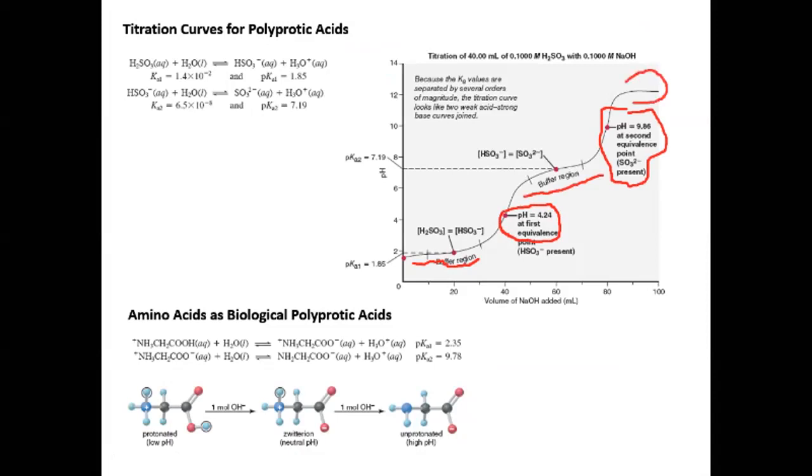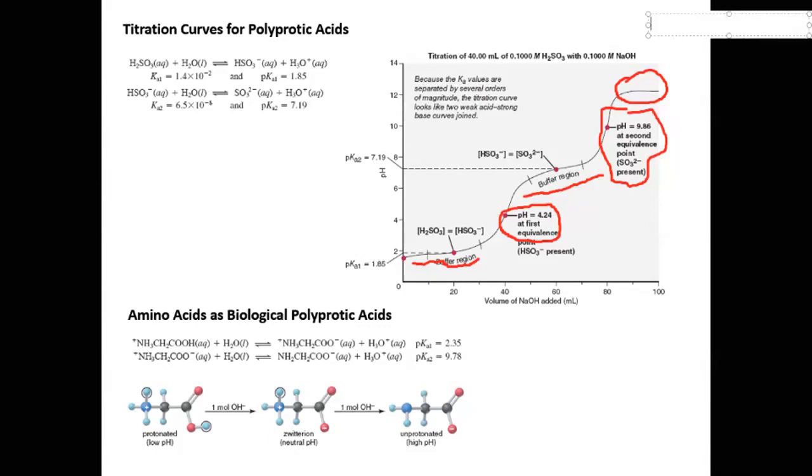But above this, you have an excess of OH minus. So only when you're above the second equivalence point would you have an excess of OH minus. Now at the second equivalence point, since the only thing present is a weak base, you would calculate it as a weak base solution.